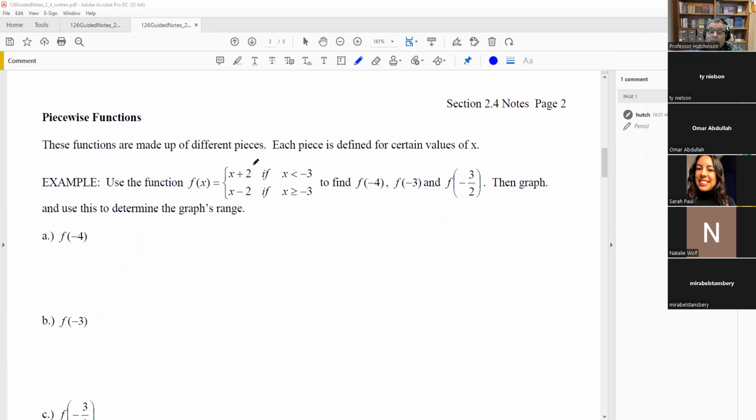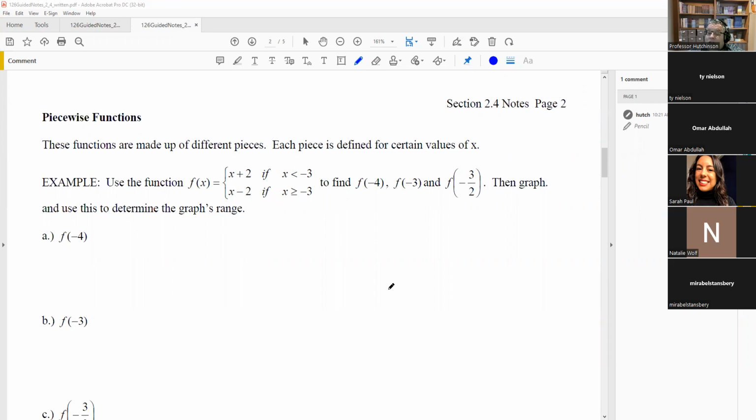So this is saying that the equation x plus 2 is only defined if x values are less than -3. That means I can only use this function if my x values are less than -3. But the bottom one, I'm only going to use if my x values are larger than or equal to -3.